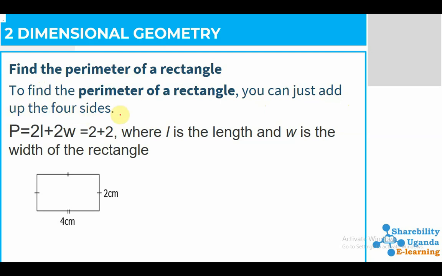Here they are saying that if it is a rectangle also, our perimeter is equal to p plus p plus p plus p, and these are the sides.